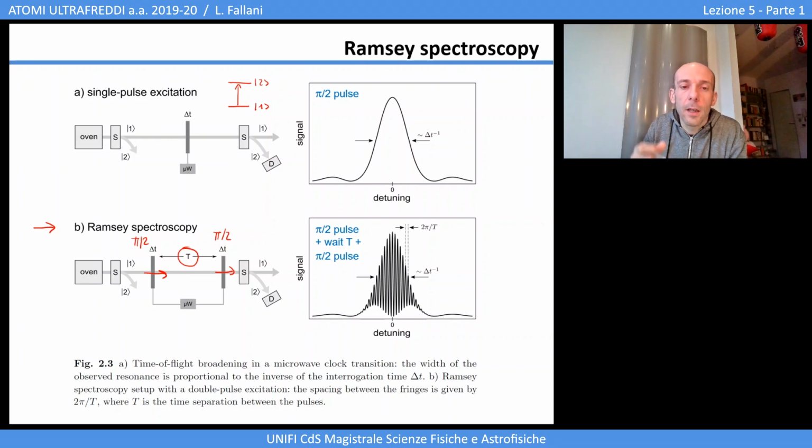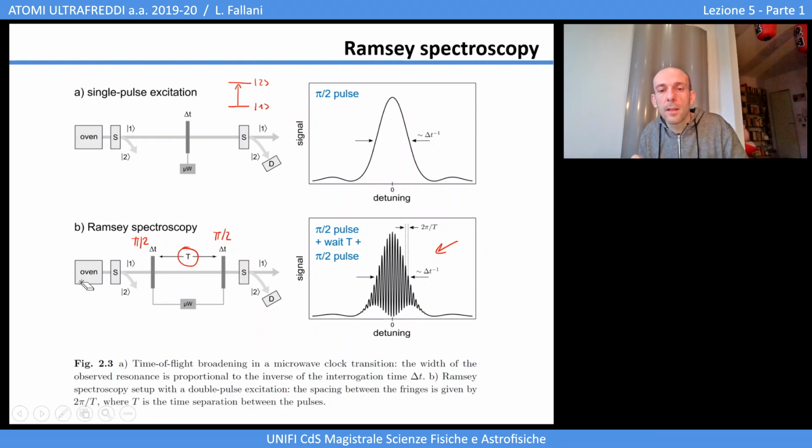If, again, we now detect the probability of excitation to the excited state, we will find the signal in this graph. And you see here that the structure of this signal is quite complex.